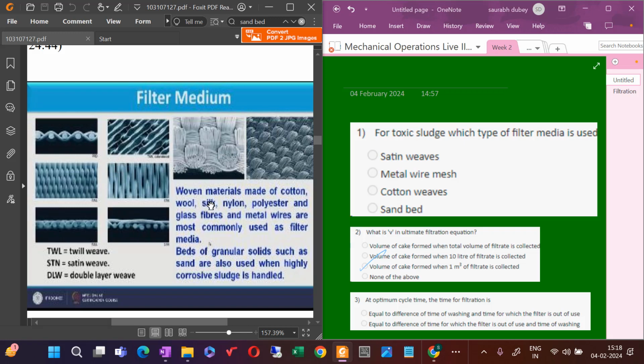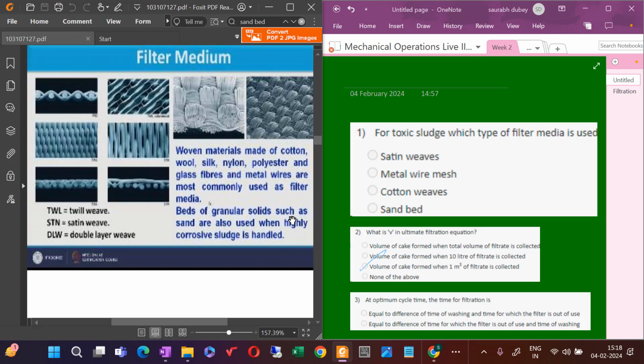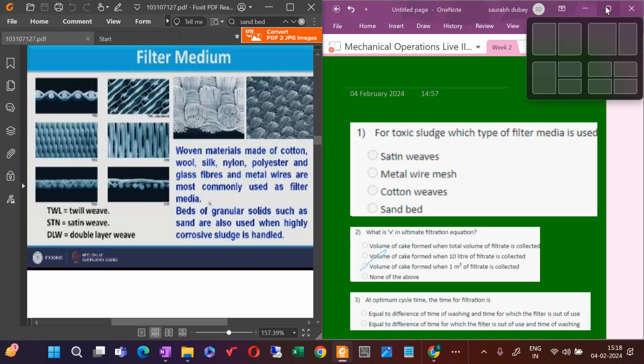Woven material made of cotton, wool, silk, nylon, polyesters, glass fibers and metal wires are most commonly used as filter media. Beds of granular solids such as sand are also used when highly corrosive sludge is handled, and at the same time you can handle toxic chemicals.